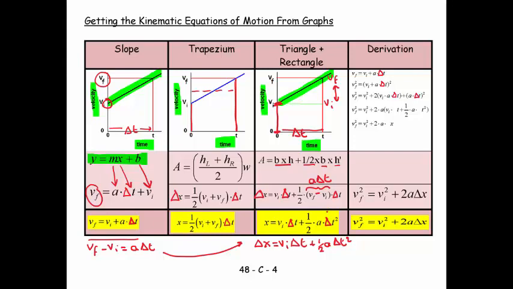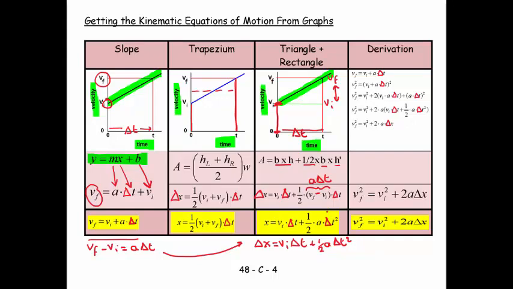So Vf squared equals Vi squared plus 2A Vi delta t plus 1/2 A delta t squared, which gives us Vf squared equals Vi squared plus 2A delta x. So down here I can say Vf squared equals Vi squared plus 2A delta x.